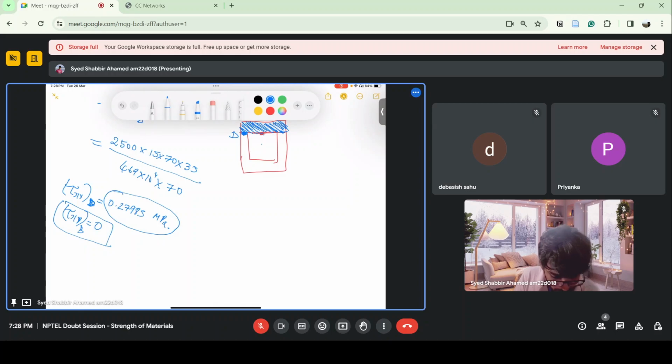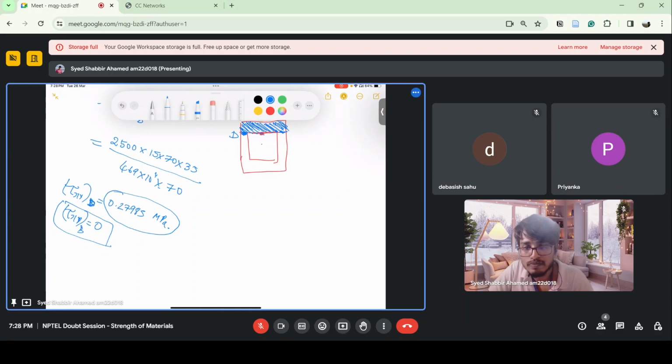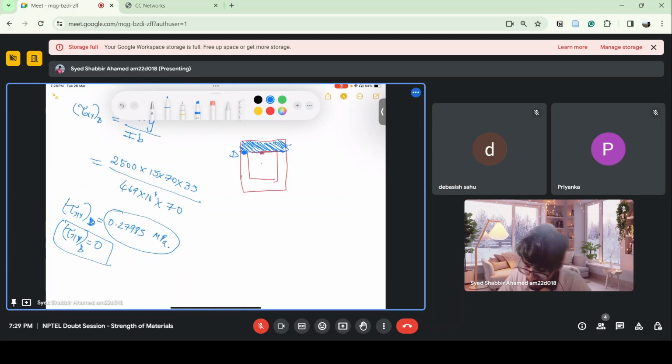Now, sir, it should be 15 into 70 into 42.5, yes, to the centroid of this, right? 35 plus, in addition to that, we'll have 7.5, since y bar is the distance from the neutral axis to the centroid of the area.